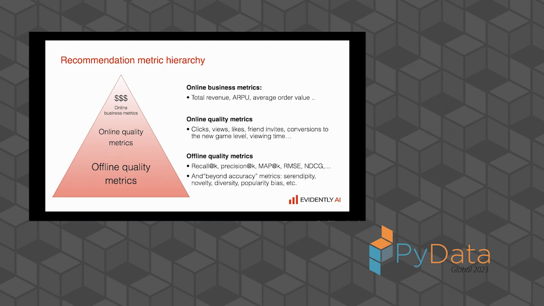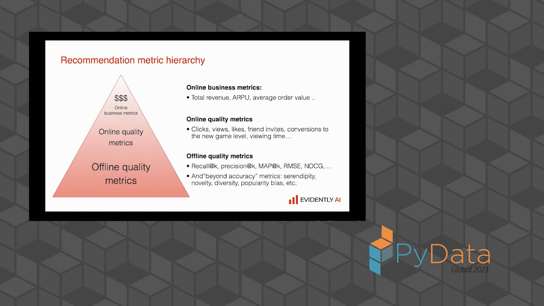It's very dependent on the problem statement, right? And finally, when we work with our recommender systems offline, we can calculate quite a lot of quality metrics. It can be metrics related to ranking quality, like recall at top K, precision at top K, mean average precision at top K, etc. And there are many beyond-accuracy metrics, like novelty, diversity, popularity bias, etc.